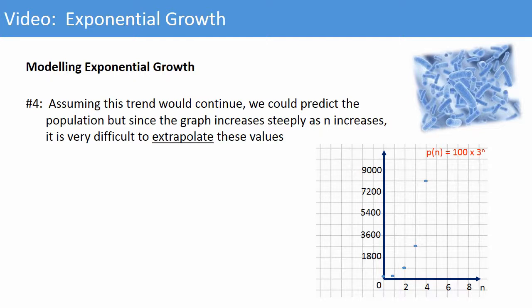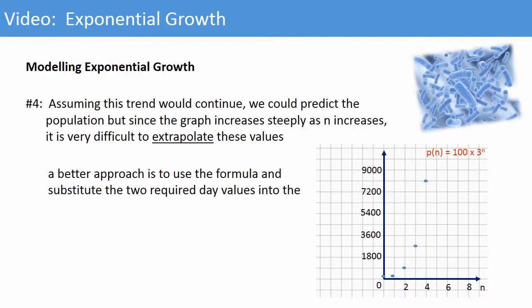Assuming this trend would continue, we could predict the population from the graph, but since the graph increases steeply as n increases, it is very difficult to extrapolate these values. A better approach is to use the formula and substitute the 2 required day values into the equation.